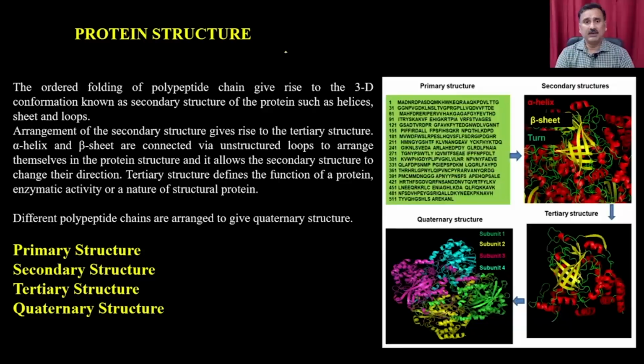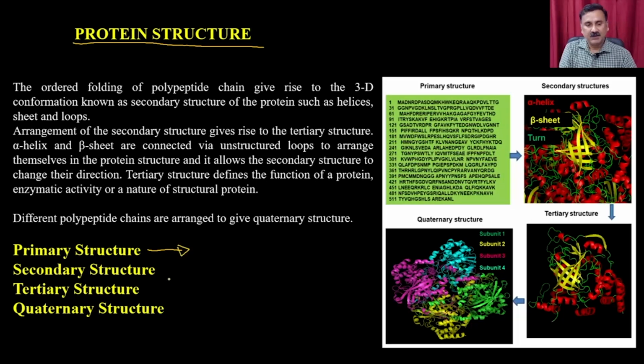So what we are discussing in this particular module is the protein structures. As you can see, protein structure is represented by four levels: primary structure, secondary structure, tertiary structure, and in some cases you also have the quaternary structures.